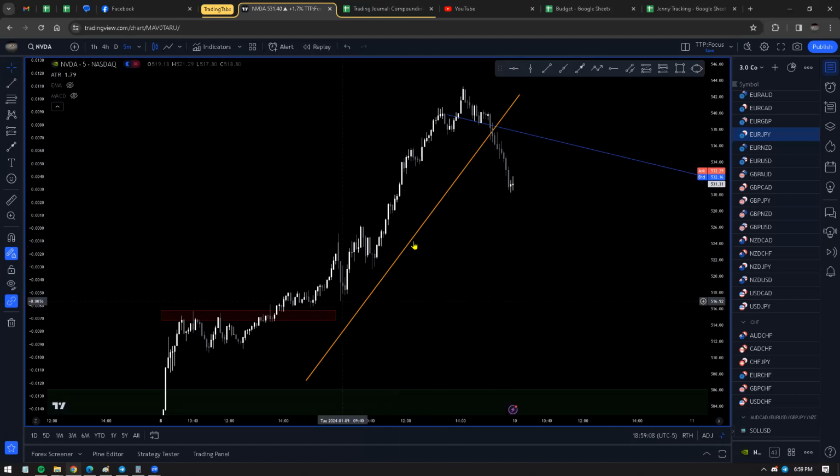And so like this for me, it's pushed down. You had a small little pop up here, and then it's just funneled off. But that's not good structure to me. I want to see stuff that is clear. This had multiple touches here before it finally broke through and went up.